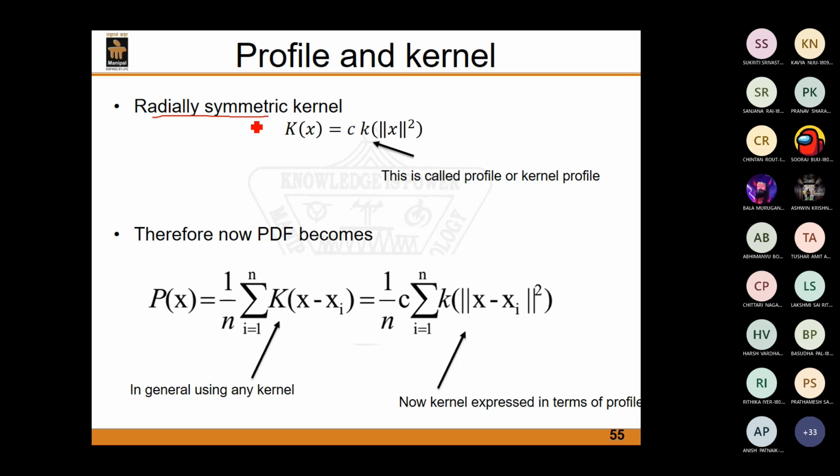Since they are radially symmetric, instead of just writing k of x, we can also represent it as c k of x squared, where x squared is the distance calculation. So the general equation we saw earlier can be refined in this way, by replacing k of x with this value, and this is the expression for the radially symmetric kernel.